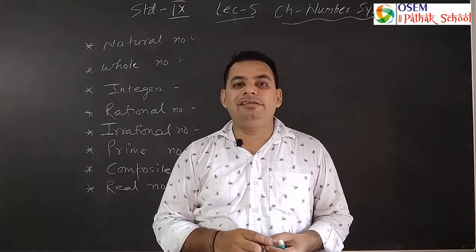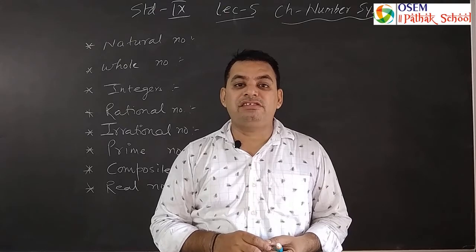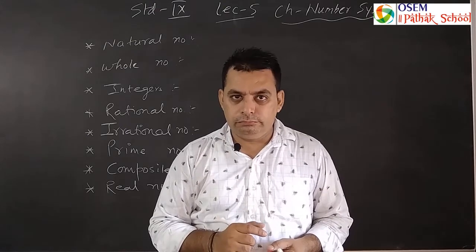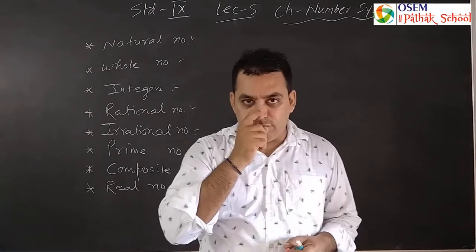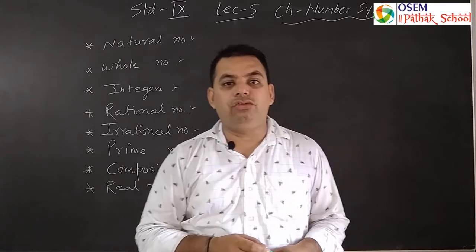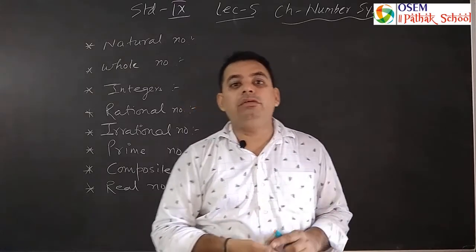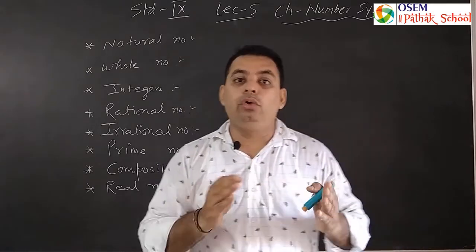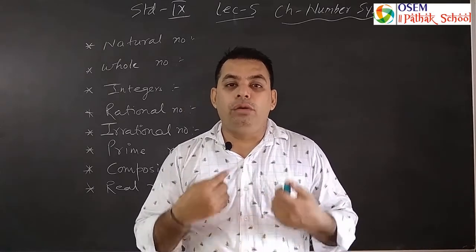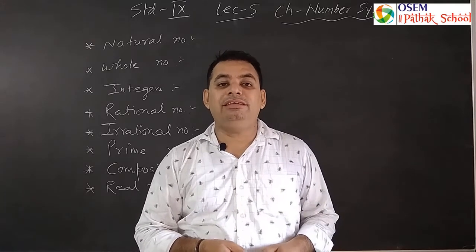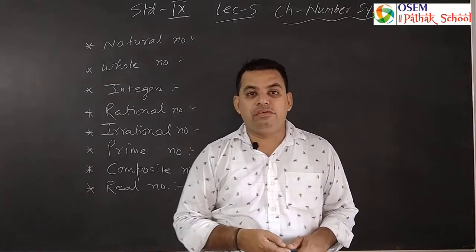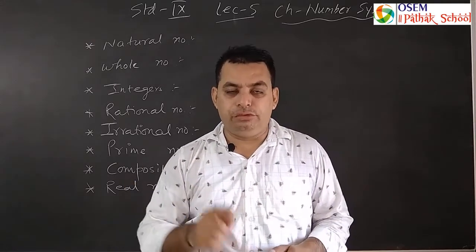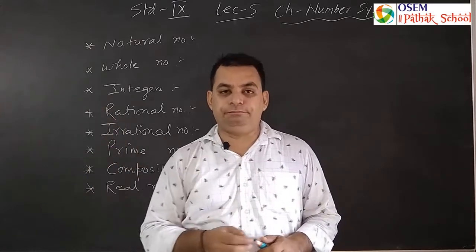Natural numbers are all the counting numbers that start from 1. Then what is a whole number? All the counting numbers along with 0 form whole numbers. That is, whole numbers start from 0 to infinity: 0, 1, 2, 3, 4 to infinity.